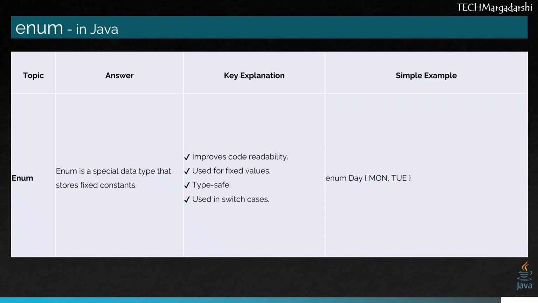Enums are commonly used for things like days of the week, months, states, or fixed options in applications. They also work perfectly with switch case statements, making decision making code much cleaner. For example, here we define an enum called Day with constants like MON and TUE. Instead of using numbers or strings, enums give us clarity, safety, and better maintainability.